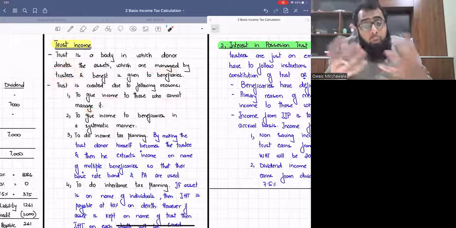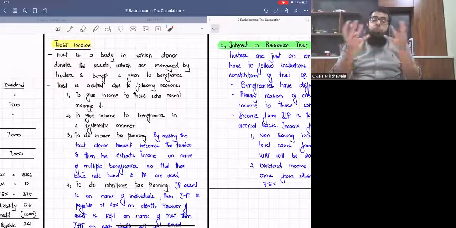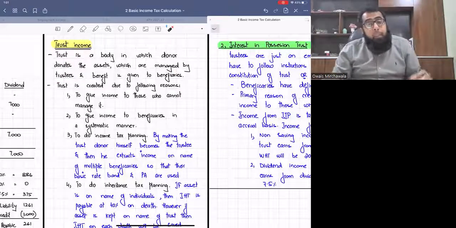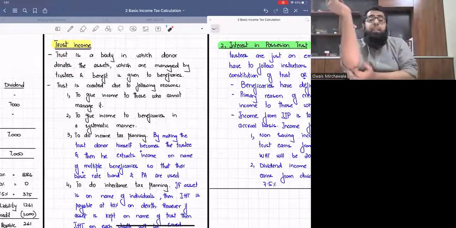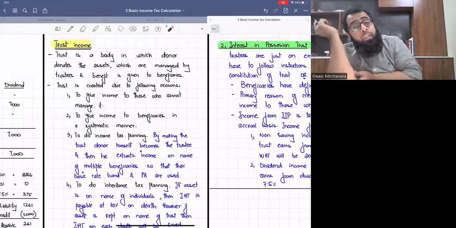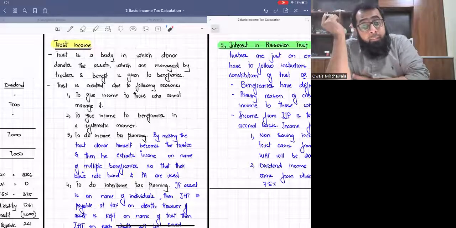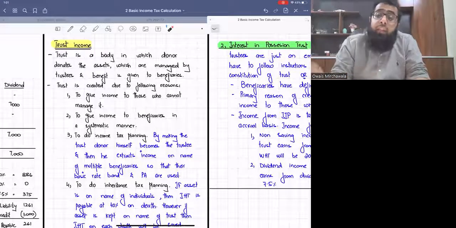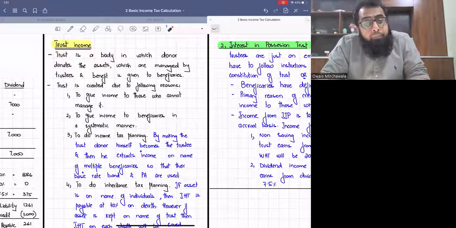A group of people is appointed as trustees to manage it and to give income to the desired people. For example, if a person is dying and he wants to give the income to his small children, he will make a trust. He will ask the trustees to give income to his small children.